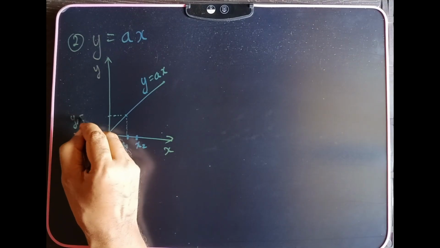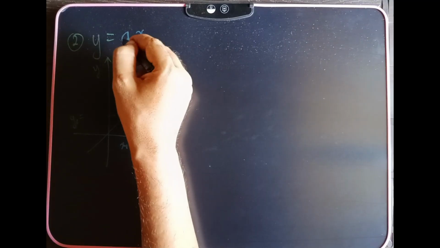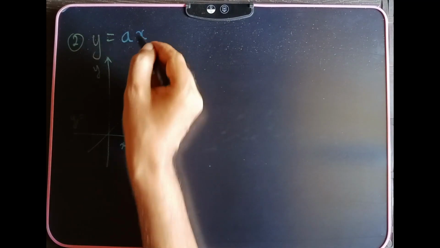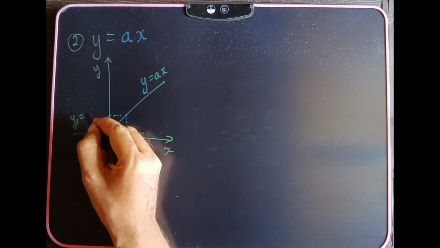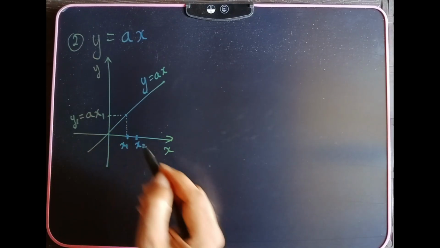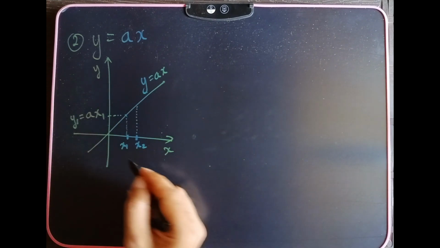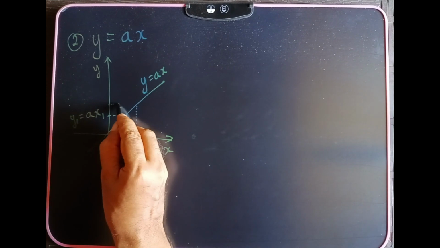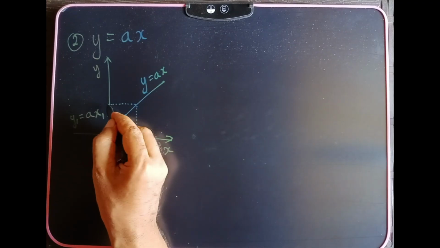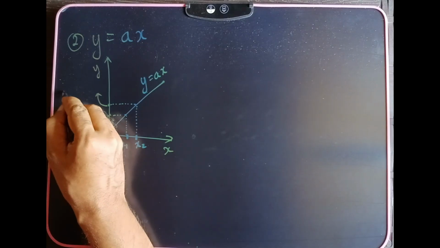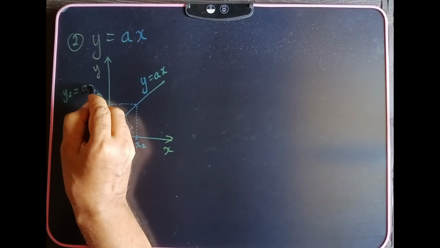What will y1 be? It will be a x1, that is how y changes as a function of x. And for x2, I can write y2 is equal to a x2.